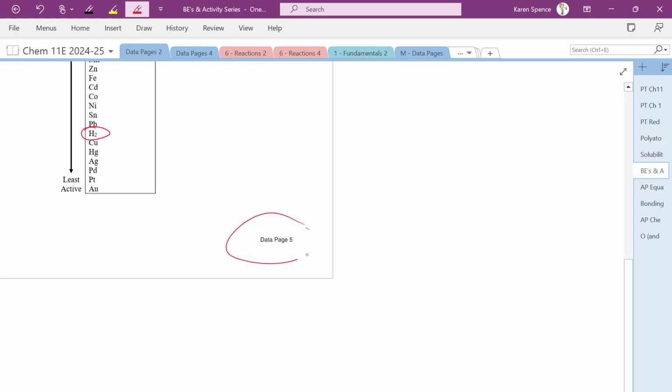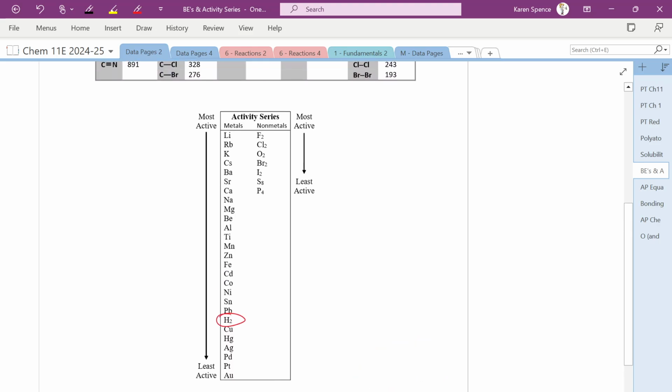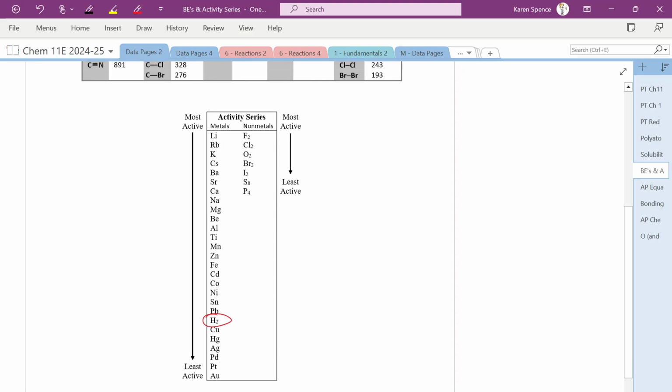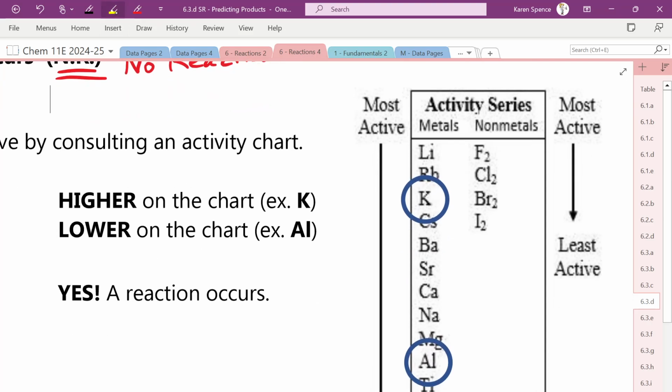Page 5 of your data booklet has the activity series in it. Okay, so in your pink sheets, page 5, this is available. But for now, it's given to you in this sheet, so you don't need it. All right, let's take a look at this table.